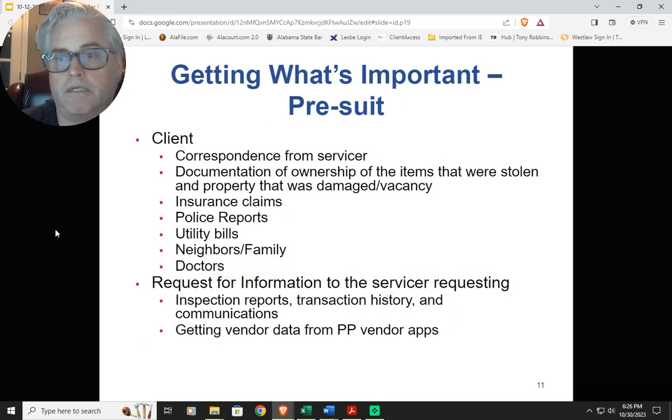So getting what's important from the client, we always want to get whatever correspondence we can from the servicer, whatever documentation and proof they have of ownership of everything that was damaged. We also want to get proof about the vacancy, any insurance claims, any police reports, utility bills that tend to show that the home was occupied and service was on at the time that this occurred.